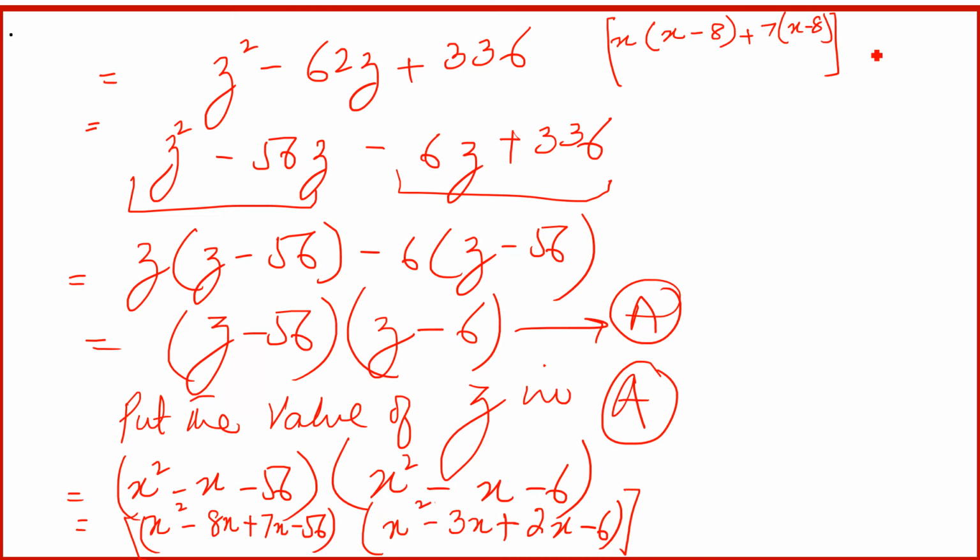From here we will take x common: x(x − 3) + 2(x − 3). So we take (x − 8) one time: (x − 8)(x + 7)(x − 3)(x + 2).